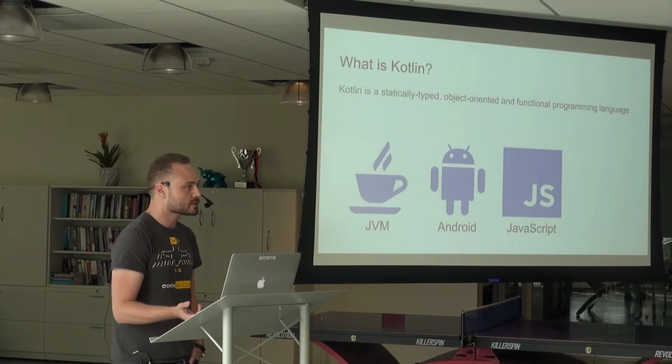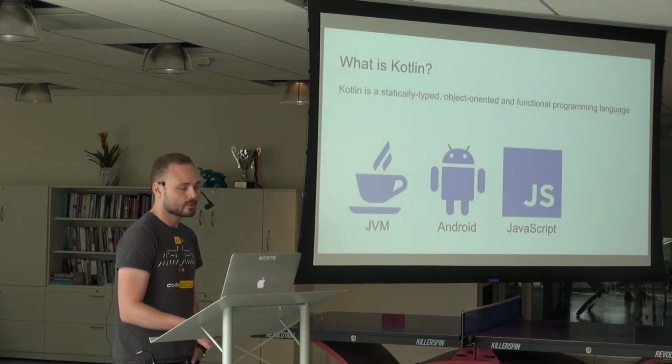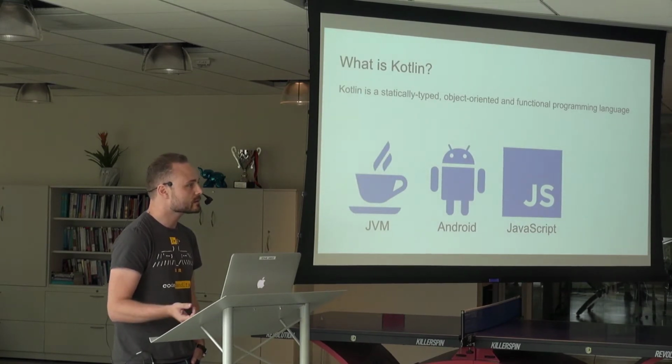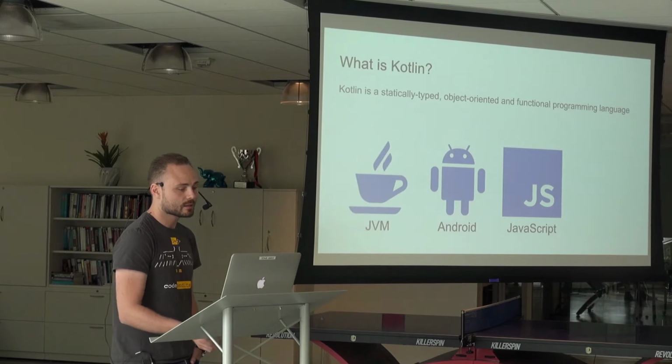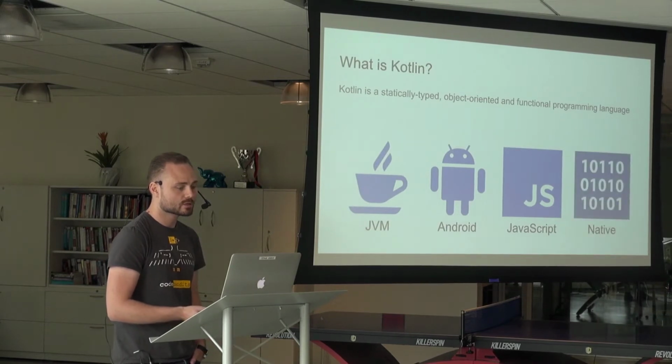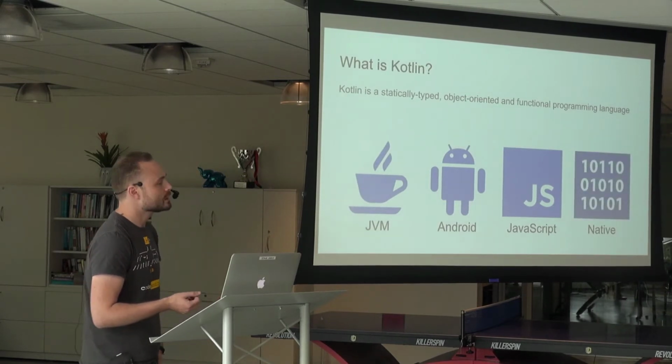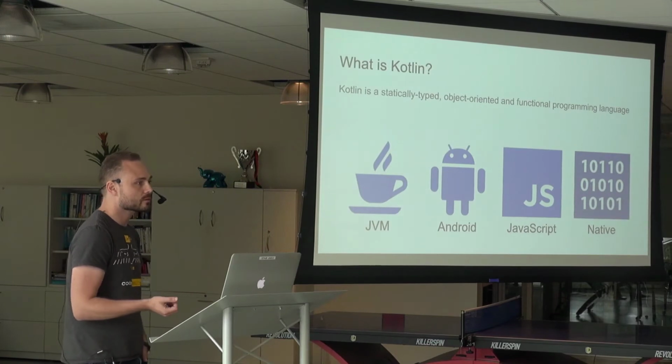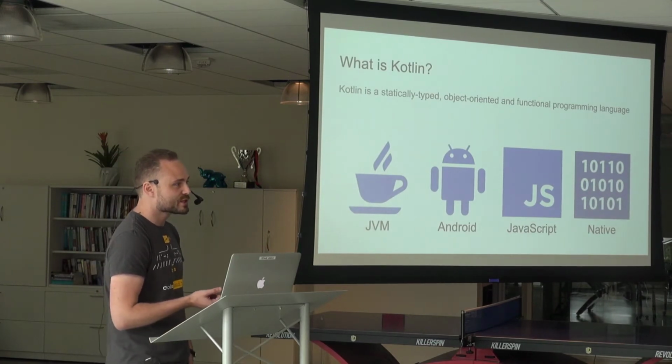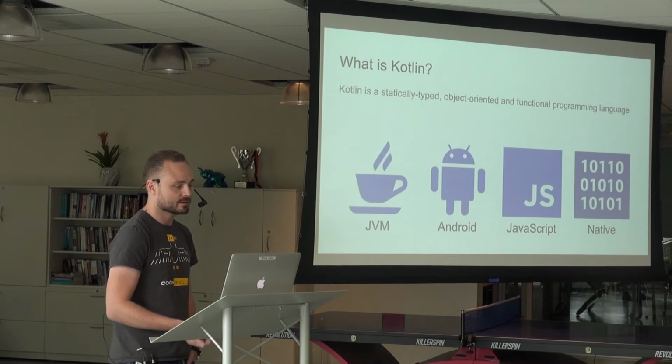It also transpiles to JavaScript. So some people are writing web apps with Kotlin. There are some examples of React being written entirely in Kotlin. And it also works with the LLVM compiler infrastructure to produce native code for when using a virtual machine doesn't really make a lot of sense.